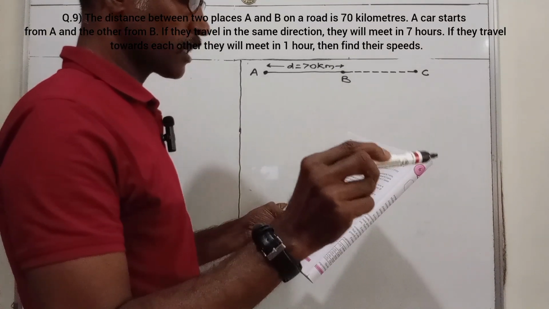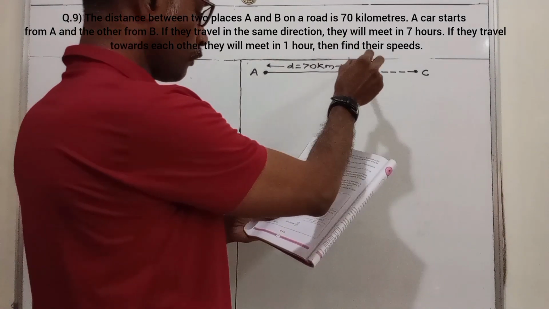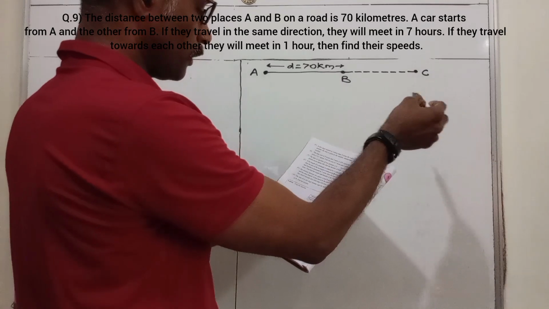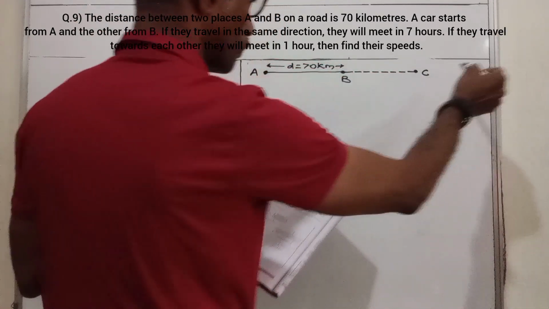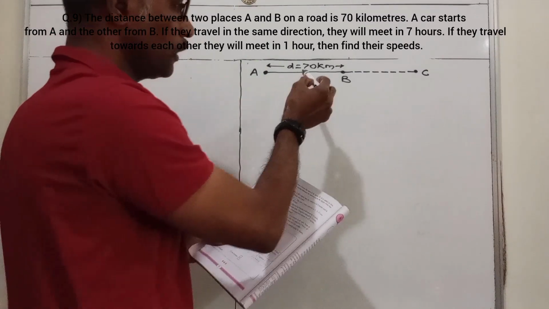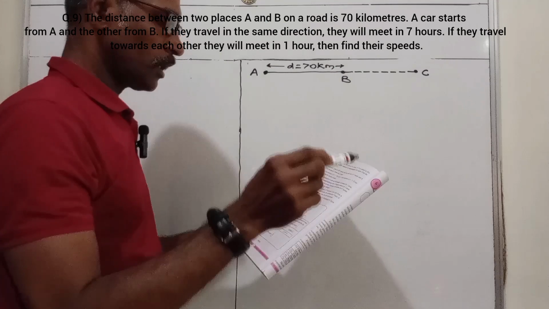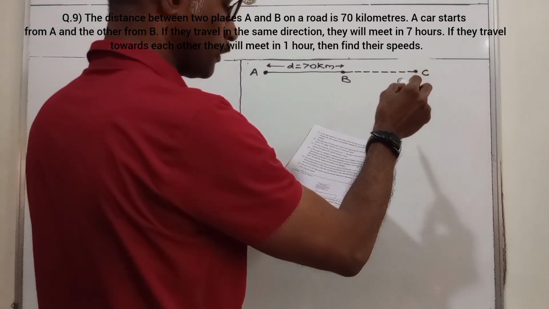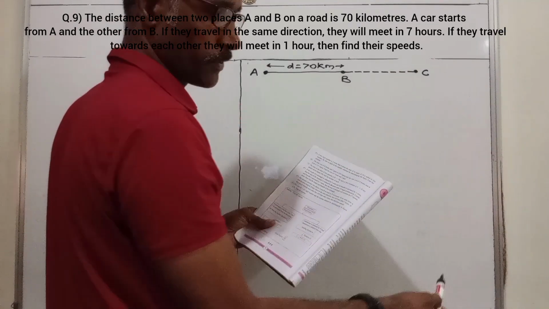A car starts from A and the other from B. If they travel in the same direction, they will meet each other after 7 hours.